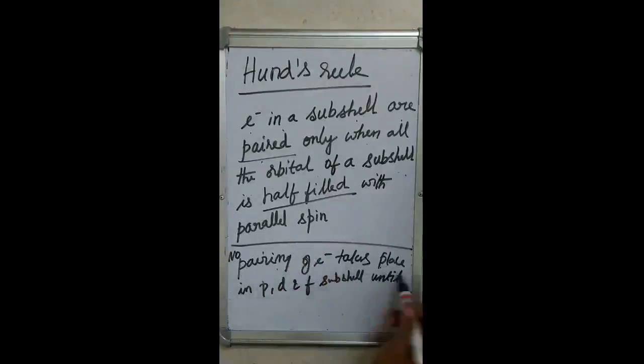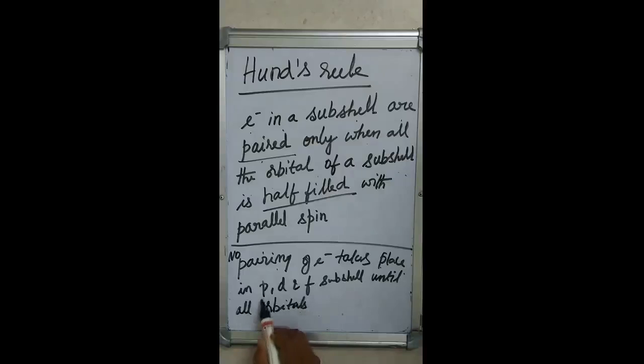No pairing of electrons takes place in p, d and f subshells until all the orbitals of these subshells are singly occupied by electrons. This is the simple meaning.